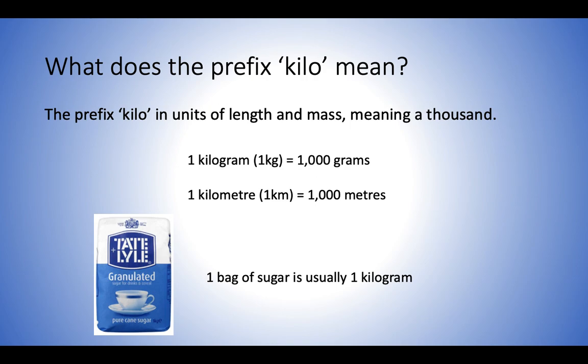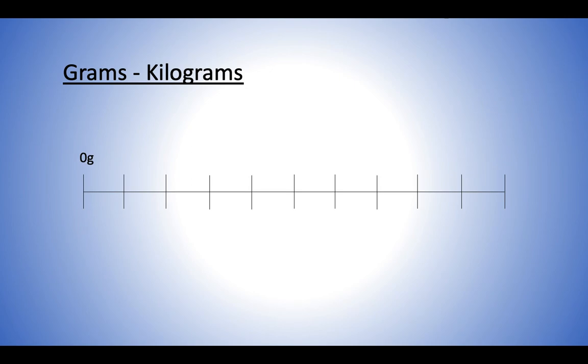Now, one bag of sugar is usually 1 kilogram. So it might be quite nice, if you have one at home, to pick up a bag of sugar and see if you can get a feel for 1 kilogram. Along this number line, we have 0 grams to 1,000 grams, or a kilogram, and there are 10 lines across.